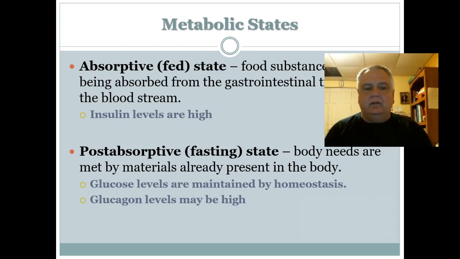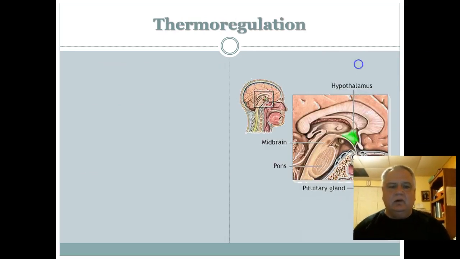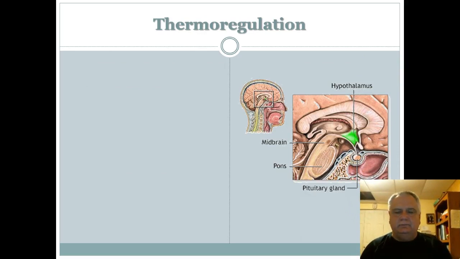Glucagon, so at this time, may be high for the reason that we just mentioned. Whenever the blood glucose levels are low, that's going to stimulate the production of glucagon by the pancreas, and that's going to cause the liver again to release the glucose into the blood by breaking down glycogen.